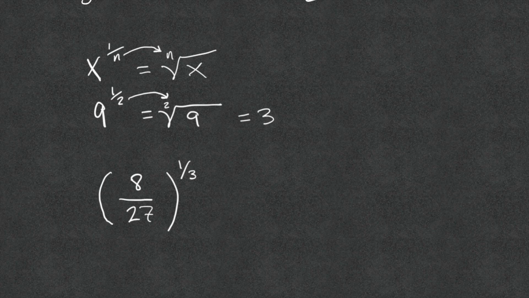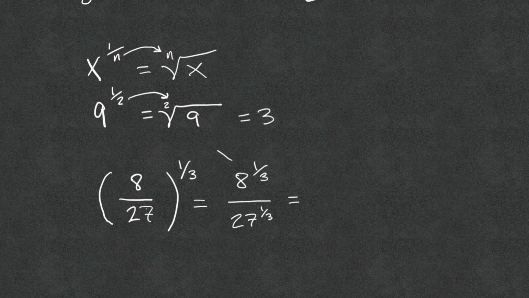So whatever's on the outside of the parentheses, that exponent has to be distributed to both the numerator and the denominator. So your next step, at least in thought, but you should write it down until you can operate it in thought very clearly, is that you're raising 8 to the 1/3 and you're raising 27 to the 1/3.